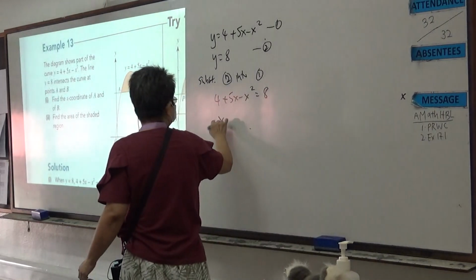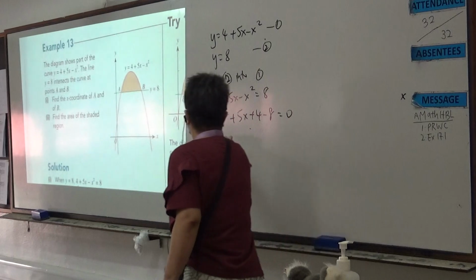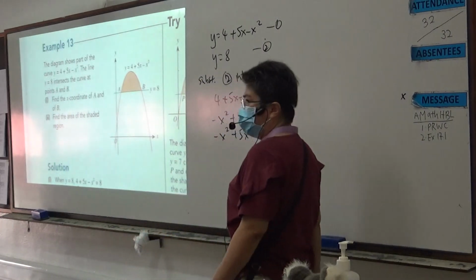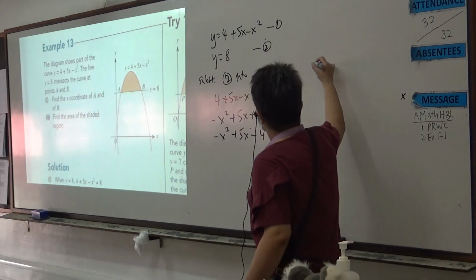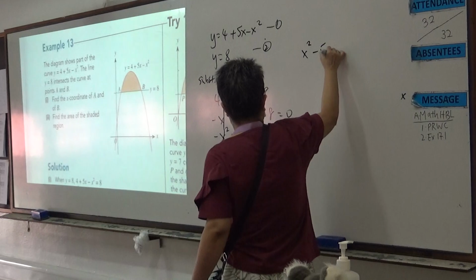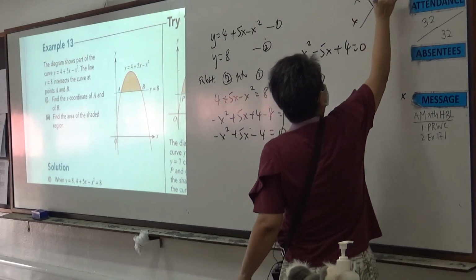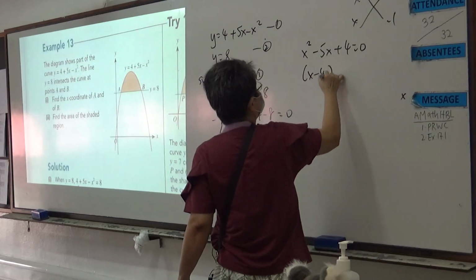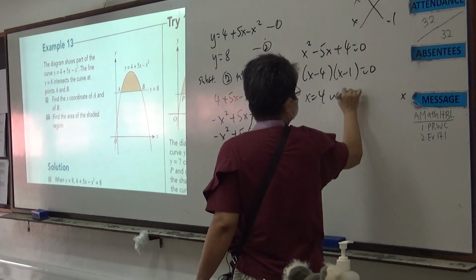So I'll have negative x squared plus 5x plus 4 minus 8 equals 0. I don't like negative, so multiply throughout by negative 1. I'll have x squared minus 5x plus 4 equals 0. Now, I'll use the cross method, 4, 1, both negative. So I'll have x minus 4, x minus 1 equals 0, so x equals 4 or x equals 1.